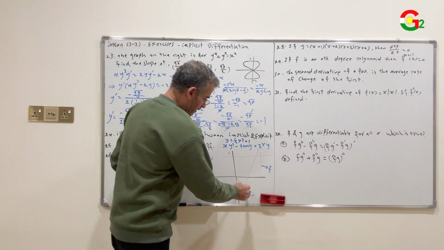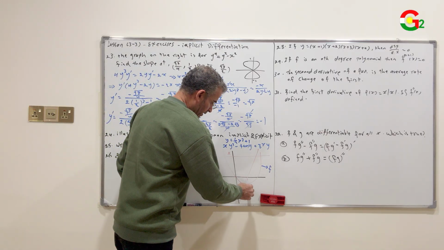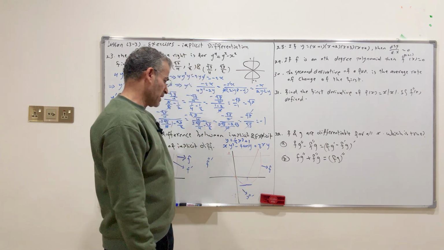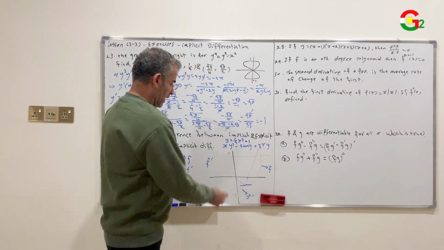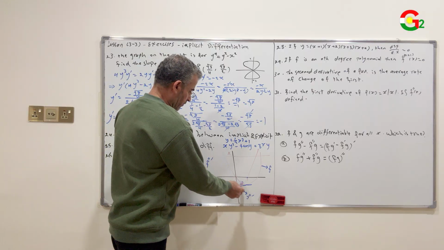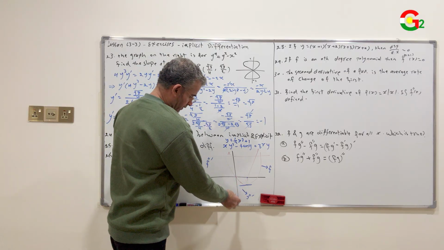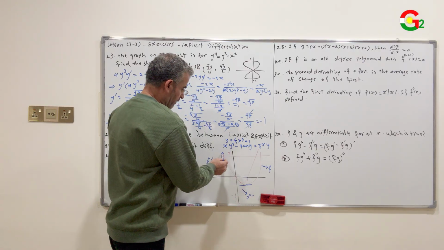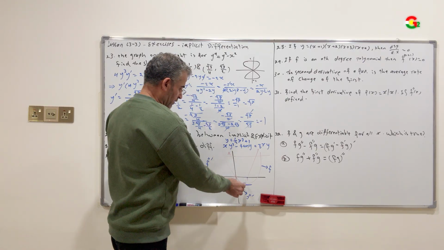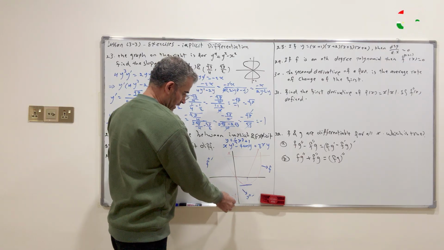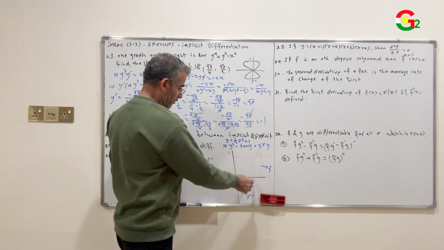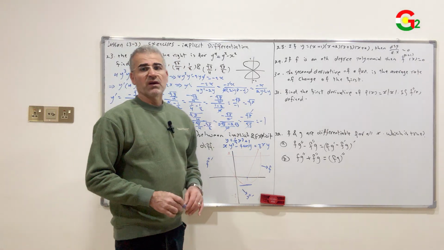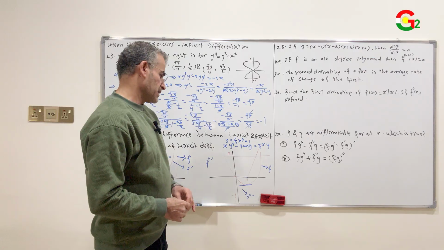As you see, the function has a horizontal tangent line at 1, then the first derivative intersects the x-axis at 1, and the function is decreasing from -infinity to 1, so the derivative is under the x-axis, and increasing from 1 to +infinity, and the derivative in this interval is over the x-axis.